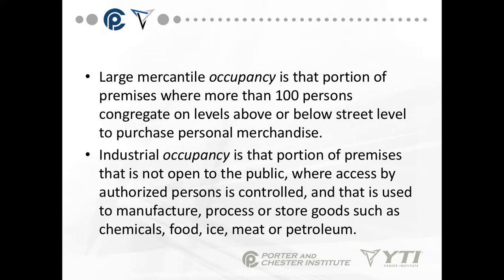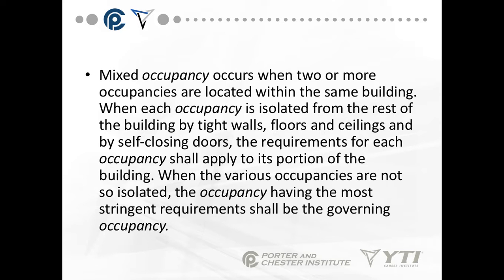Large mercantile occupancy is basically where more than 100 people congregate at levels on or below street level. Industrial occupancy is areas that are not open to the public, where access is controlled, and areas that are used to manufacture, process, or store goods such as chemicals, food, ice, meat, or petroleum. Mixed occupancy occurs when two or more occupancies are located within the same building.